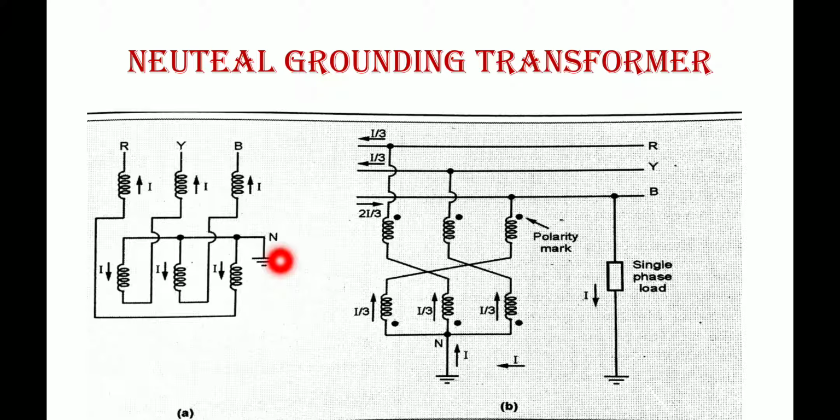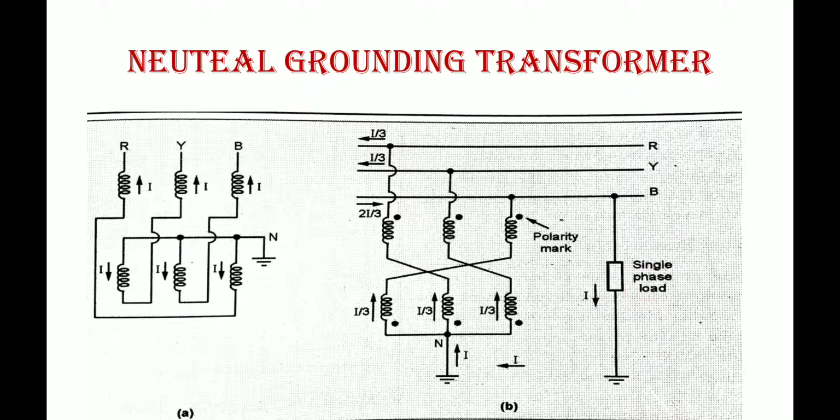See here, this is the figure. The grounding transformer is used to create the neutral point, that is N here. If you connect a single phase load between one line and the neutral, then the load current I is divided into three equal currents in each winding.